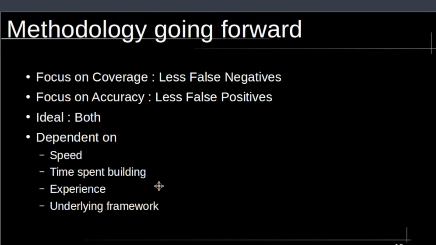I didn't want to make the compromise. I didn't want to compromise between coverage and accuracy. I essentially wanted to build a framework that could do both. And that was kind of the guiding mission statement for V4. That's another thing which you definitely need to keep in mind when you are developing your detectors and choosing what underlying framework to build on, or building one of your own.